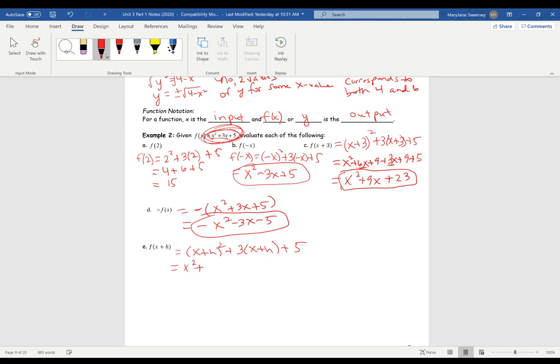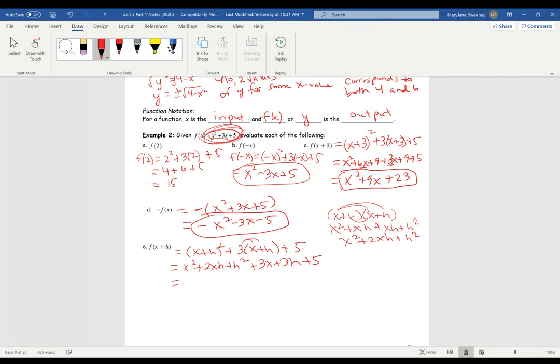So this would be x squared plus 2xh plus h squared. I could come off to the side and FOIL this and see it's x squared plus 2xh plus h squared. Then I'm going to distribute the 3, so it's 3x plus 3h plus 5.